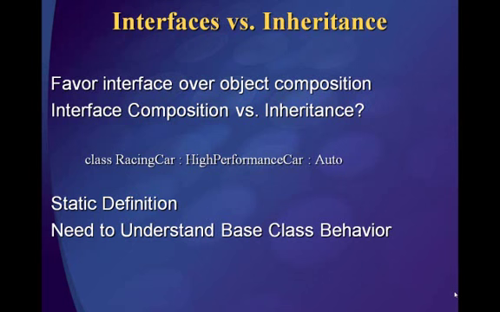So let us ask ourselves, is it good to have an inheritance chain such as the one we have, where a class called racing car inherits from high performance car, which inherits from auto? What inheritance essentially does is define the implementation of one type in terms of another. Class inheritance is defined statically at compile time. So one obvious disadvantage is you cannot change it dynamically at runtime.